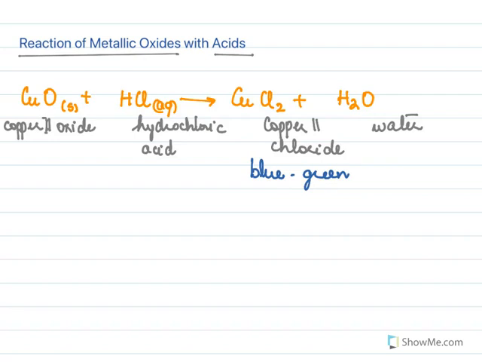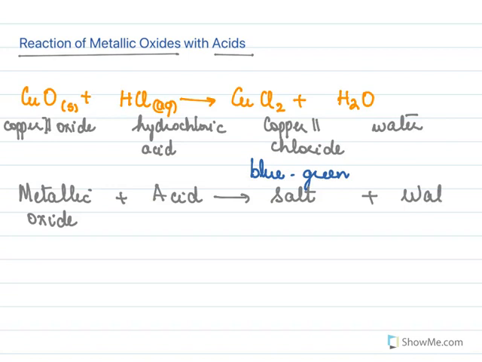And to summarize, we can say a metal oxide or a metallic oxide reacts with an acid to give salt and water. So what is the nature of this metallic oxide?